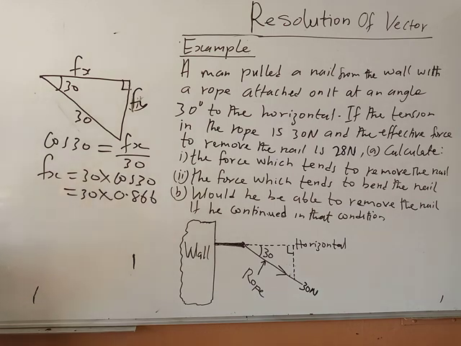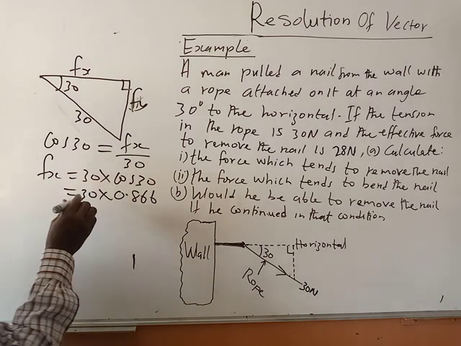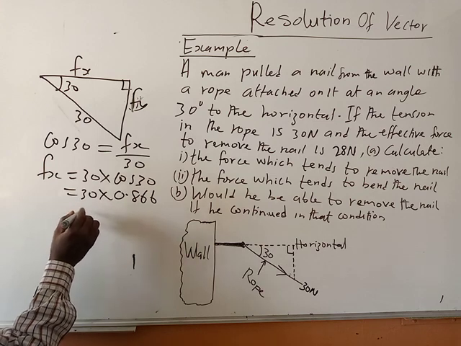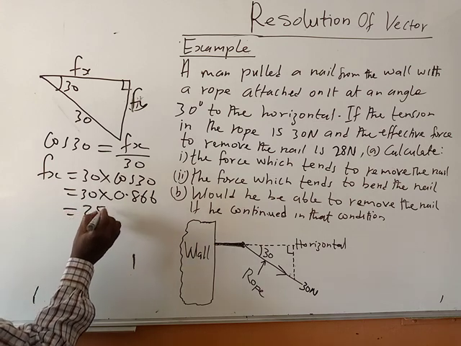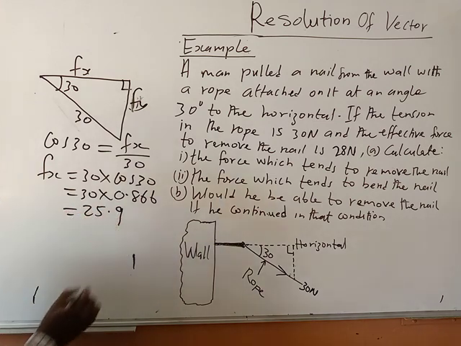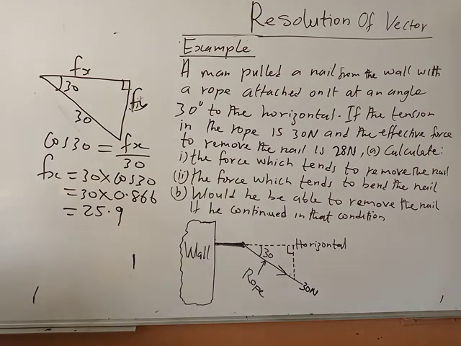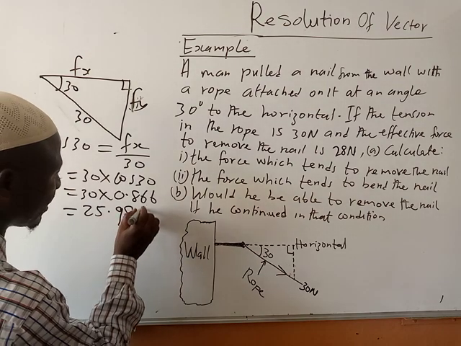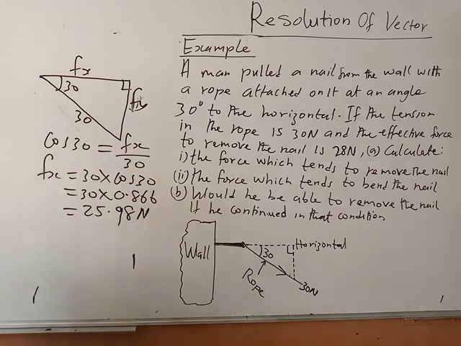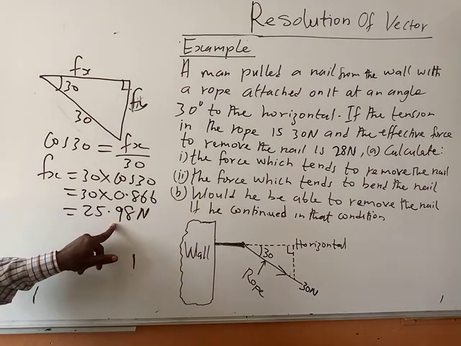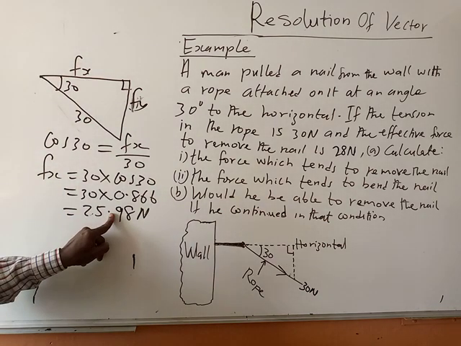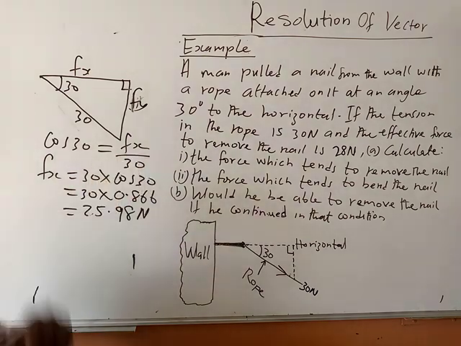When you multiply it together, you are going to get 25.98 Newton. So the effective force on the nail is 25.98, but he is applying 30.